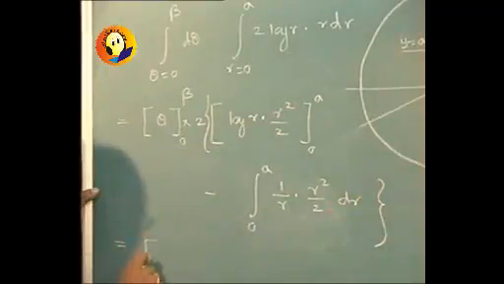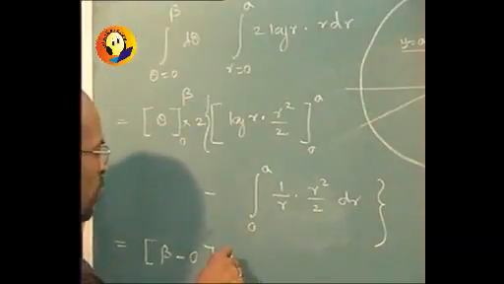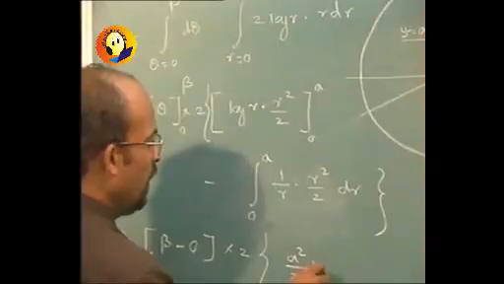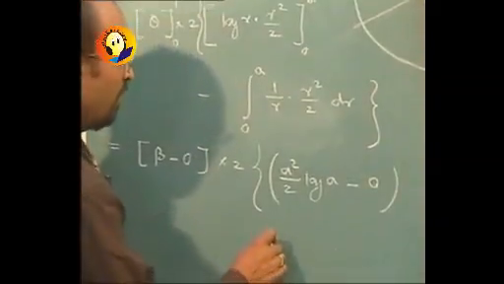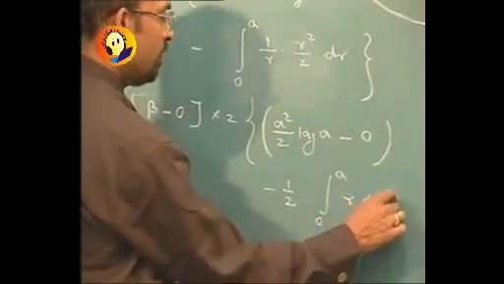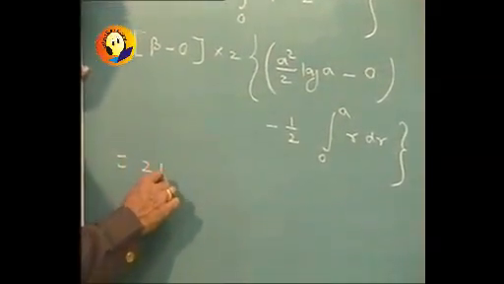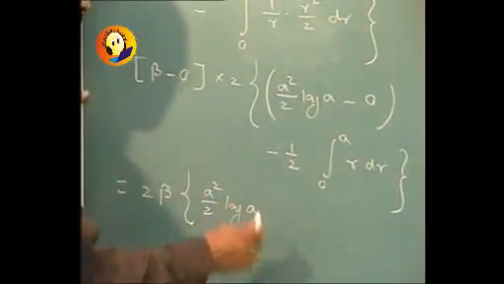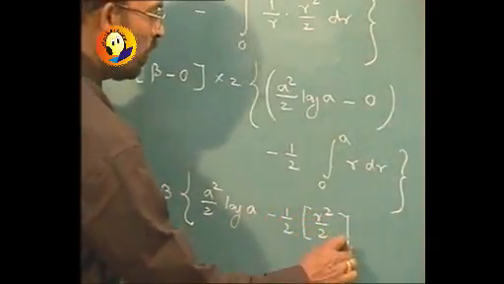So it will be within the square brackets beta minus 0 when I substitute limits for theta, into twice, in the first term it will be a square by 2 into log a minus 0, whereas the second integral will be minus half integral 0 to a r dr. Ultimately the answer will come out to be twice beta into bracket a square by 2 log a, and when we integrate this it will be half integration of r is r square by 2 within limits 0 to a.